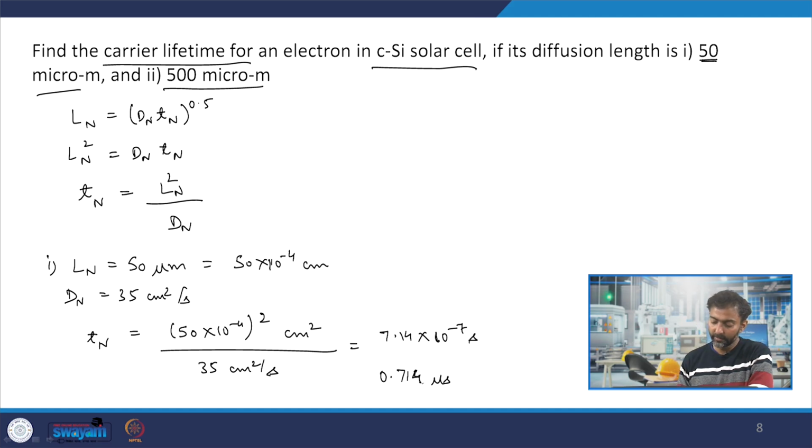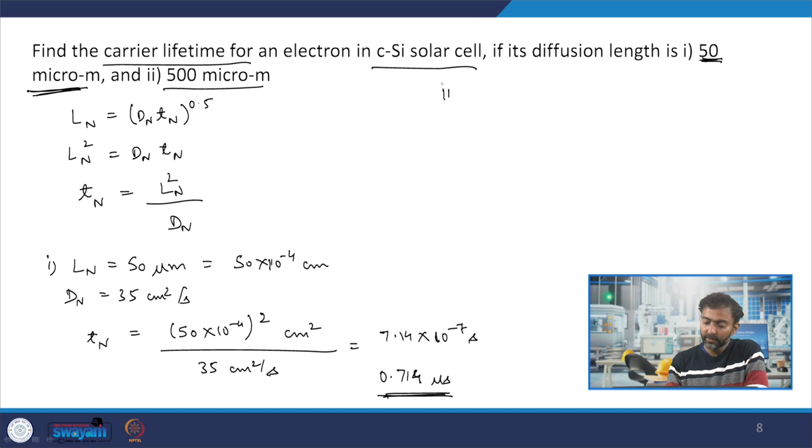So in this crystal, if the diffusion length is only 50 micrometer, it means your electron is existing on an average for only less than a microsecond, 0.714 microsecond, and in that much time it can travel on an average this much length, 50 micrometer.